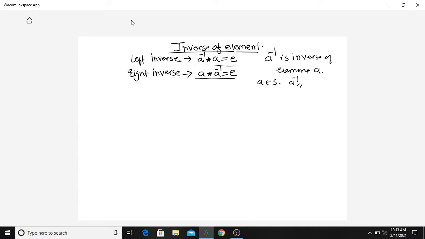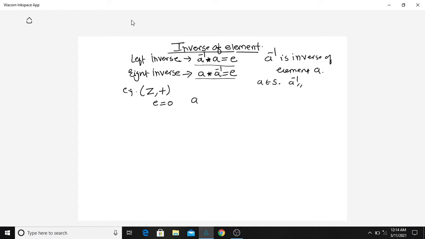For example, suppose I take Z as my algebraic system and plus is the normal addition operation defined. Then what is the identity element? 0 is the identity element. Then what will be the inverse of every element? Whether it exists or not, we need to check. For that, there should exist left as well as right inverse.